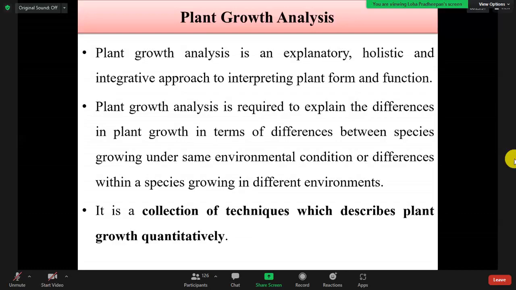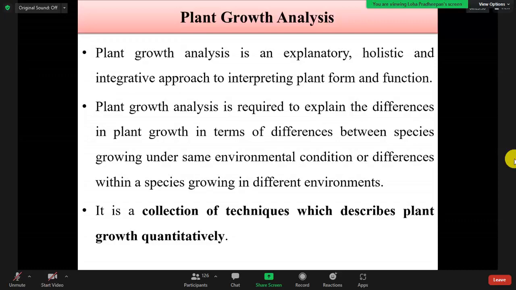Or we can see the differences within the same species in different environments. Different species in the same environment, how they differ, or the same species in different environments. Two ways we can analyze.